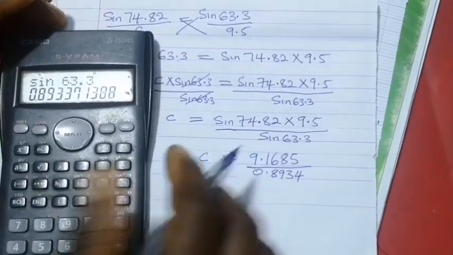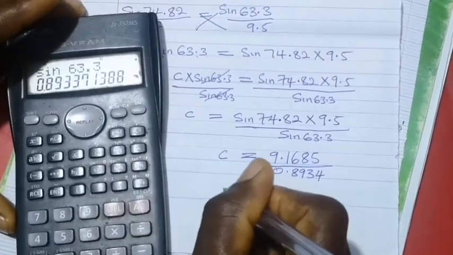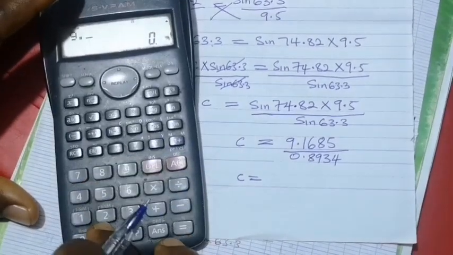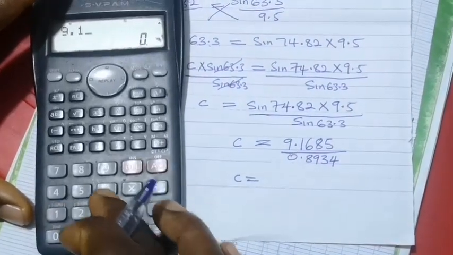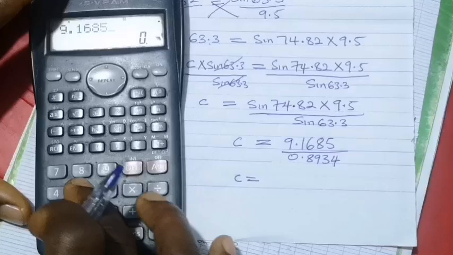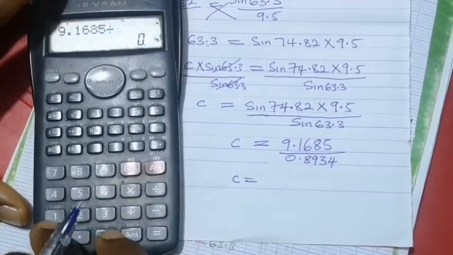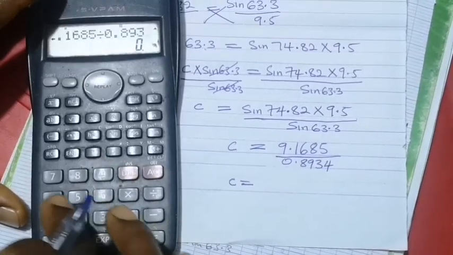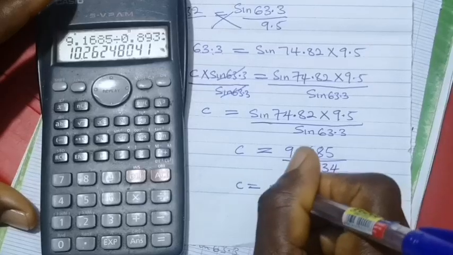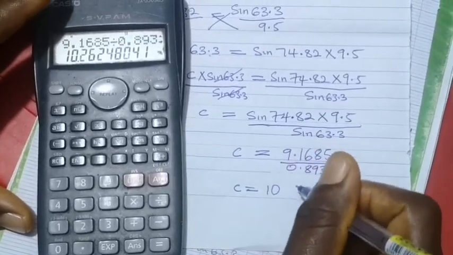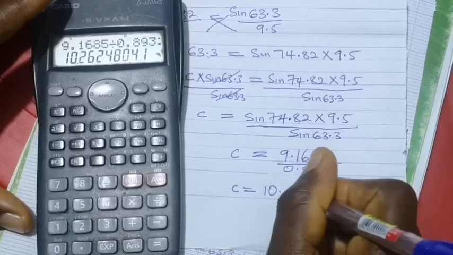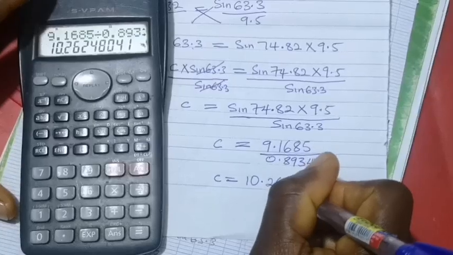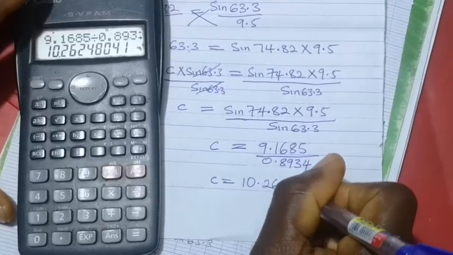This is side C. Okay, that means that side C is equal to 9.1685 divided by 0.8934, okay, which is 10.2624.